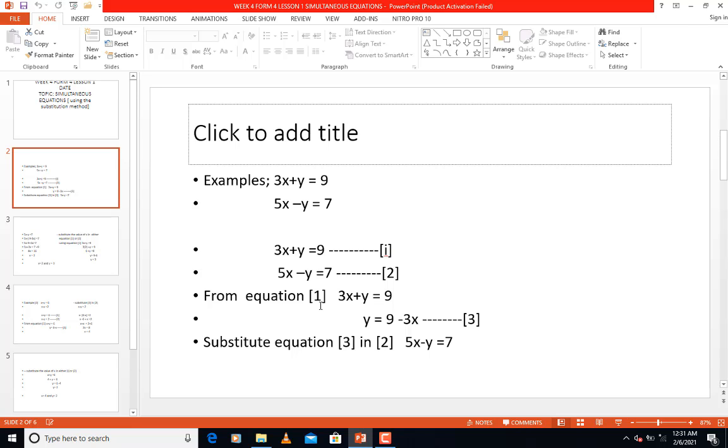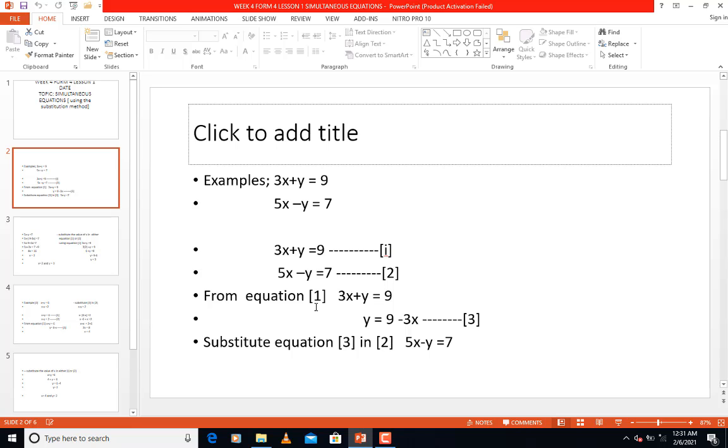If you use equation 2, then in the substitution you are going to use equation 1. I think it's clear there. Because I used equation 1 to make equation 3, I'm going to substitute equation 3 in equation 2. If I use equation 2 to make equation 3, I'm going to substitute equation 3 in equation 1.